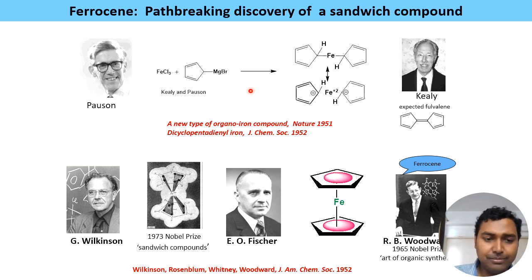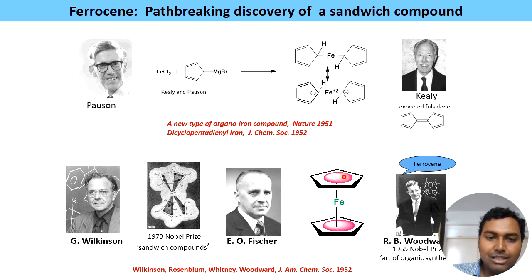But later on, Geoffrey Wilkinson and Fischer worked on this complex and found out the structure. They found out that this is not fulvalene, but iron 2 sandwiched between the cyclopentadienyl ligands. So they named it ferrocene.